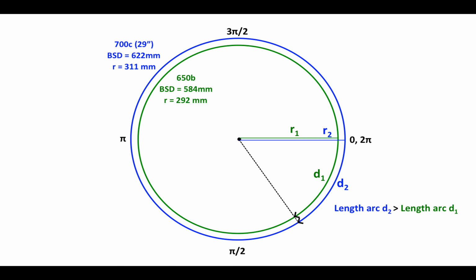If each of these wheels turns through an angle of exactly 1 radian, the D2 wheel with a longer arc will travel a greater distance simply because the length of the arc corresponding to 1 radian is greater than is the case with D1.